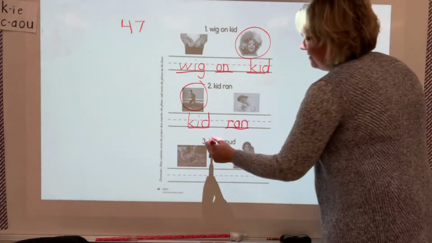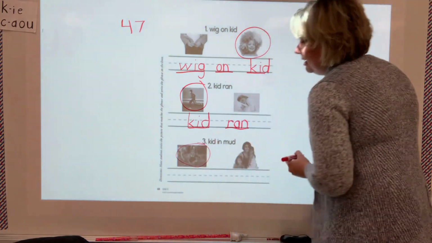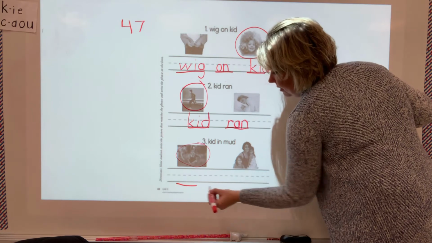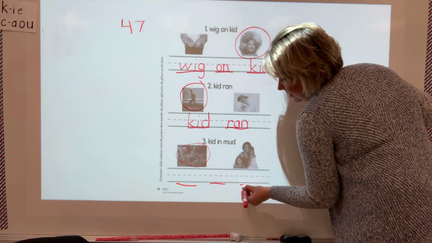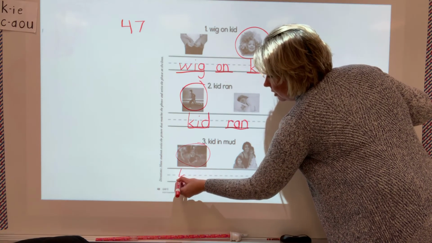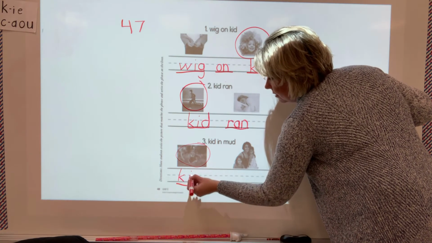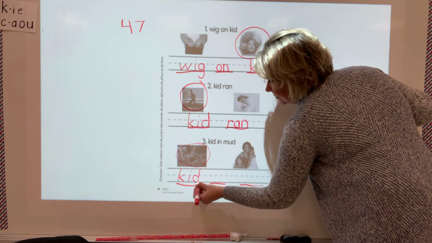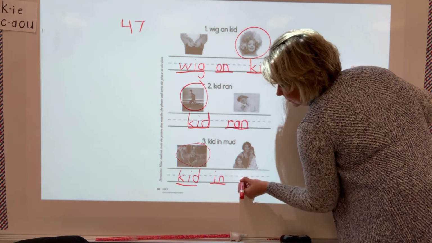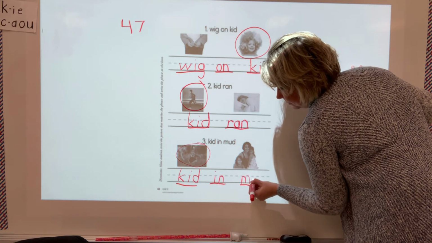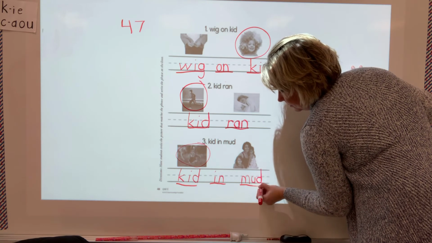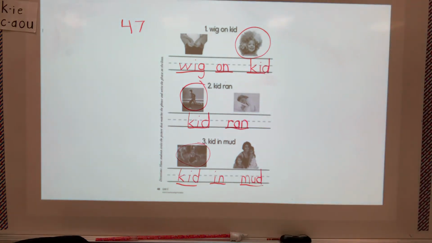All right, the first picture, that muddy kid. So I'm going to use my magic lines again. Kid in mud. And I'm going to write the word above each line. Kid in mud.